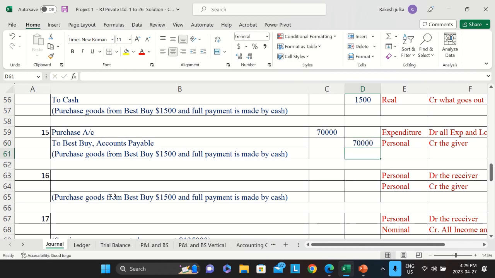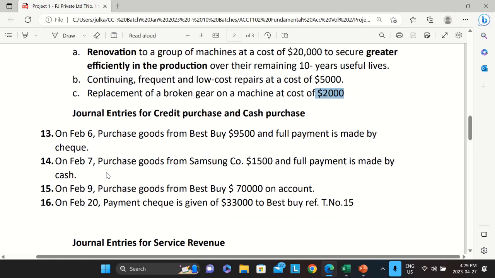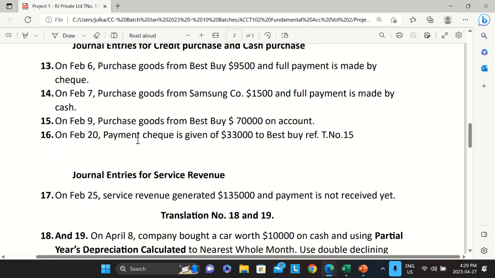Now the next transaction is the 16th transaction. The 16th transaction is saying on 20th of February the payment is made, right? So a payment check is given for $33,000 to the Best Buy, referring to transaction number 15. I mean out of $70,000, $33,000 is paid by check. So it means the payment is done. If the payment is done, then Best Buy account is debited to Scotiabank.